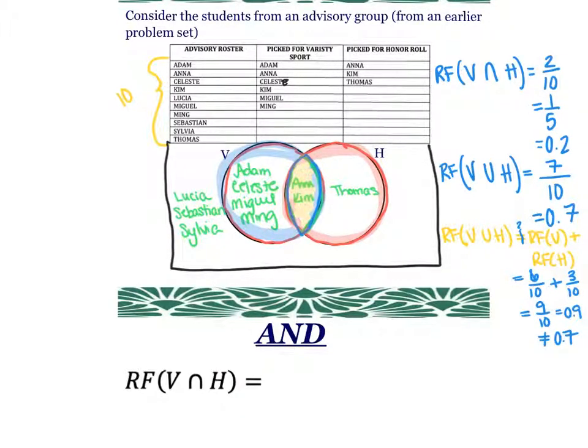We counted them with my first one with the 6/10, then I counted them again with the 3/10. So therefore, this formula here is not going to work. It's going to have to be adjusted in some way if I'm wanting to think of a formula.